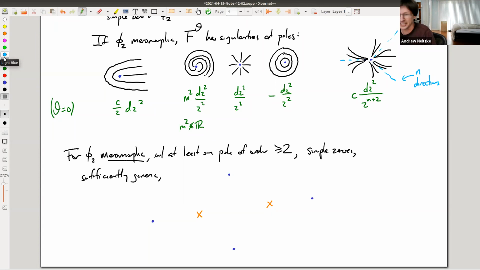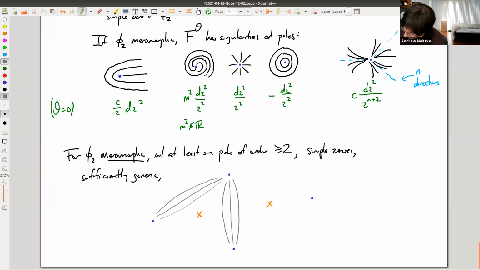So topologically, if you follow it in either direction, you end up at a singularity. You could draw it like this. And the nearby ones do the same thing. So there's some family of these things that look like that. And then there's another family here. One that looks like this, and so on.